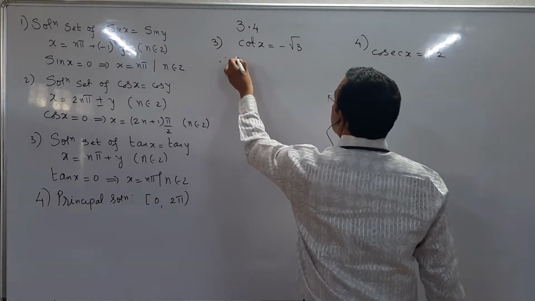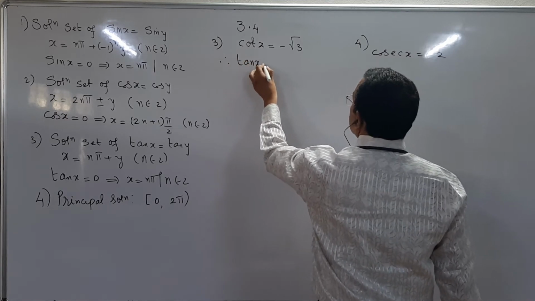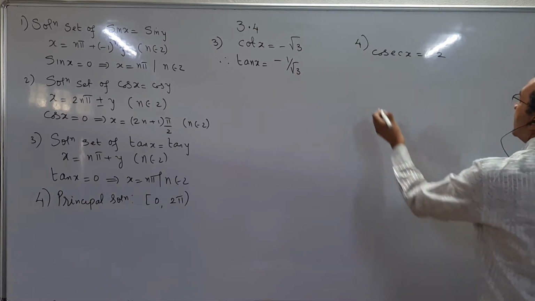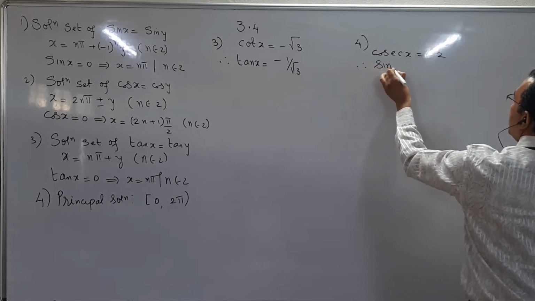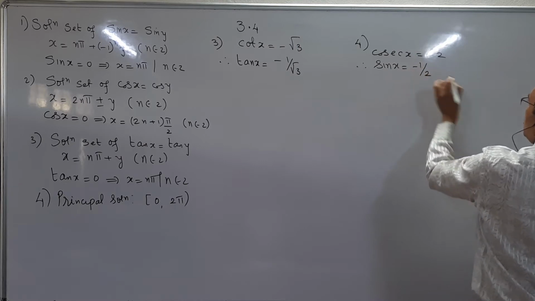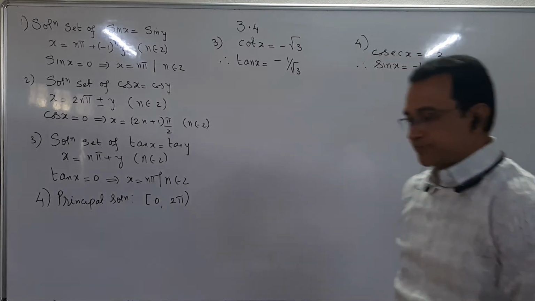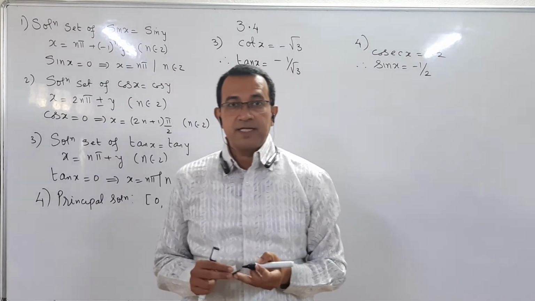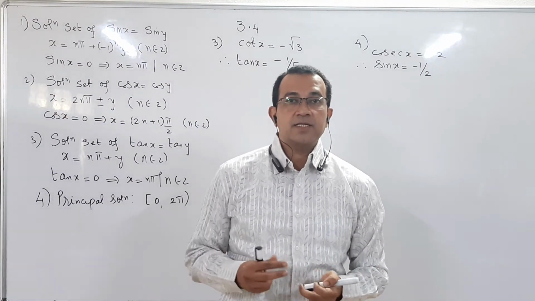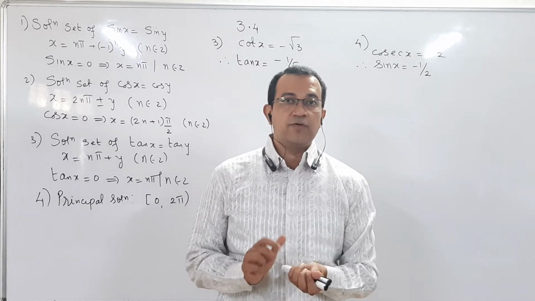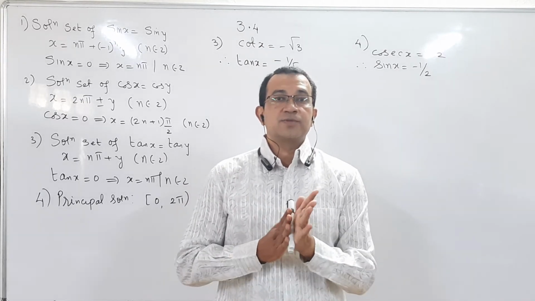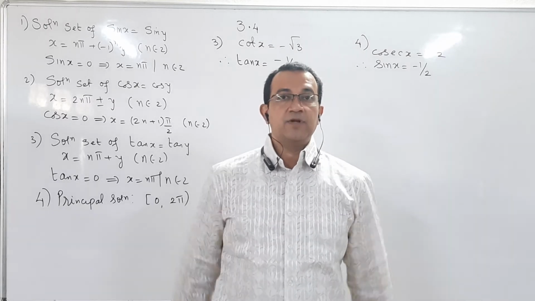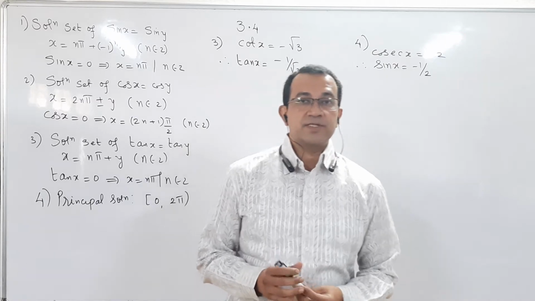So we can write here tan x is equal to minus 1 by root 3, and here I can write sin x is equal to minus 1 by 2. I am doing both the sums simultaneously, and for that I have a logic and a specific reason.